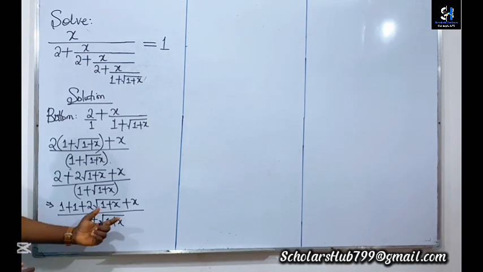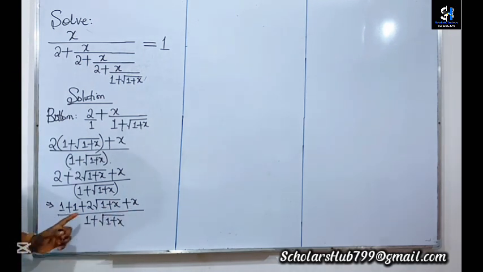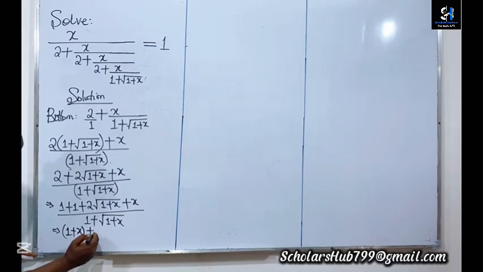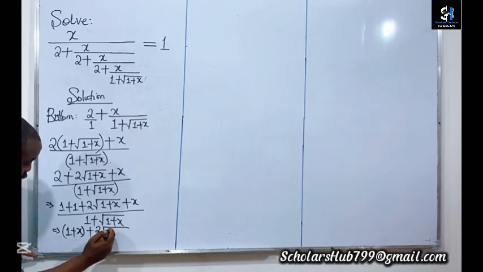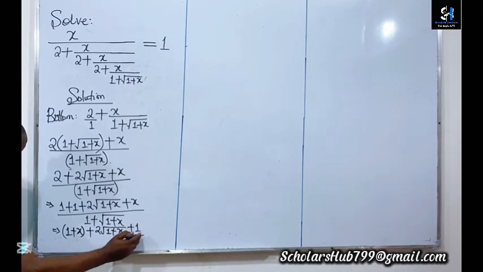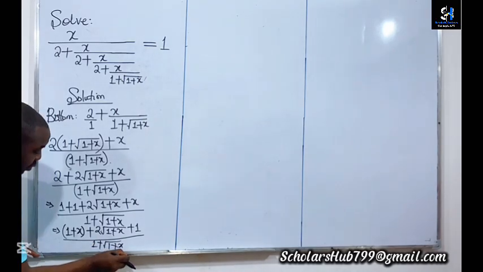Now we observe that if we add x and 1, we can write this as 1 plus x, plus 2 root 1 plus x, then plus 1, all over 1 plus root 1 plus x.